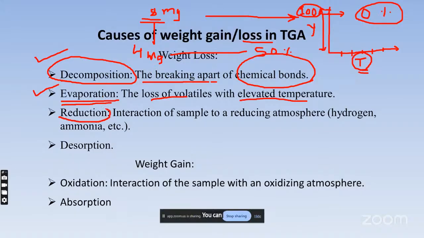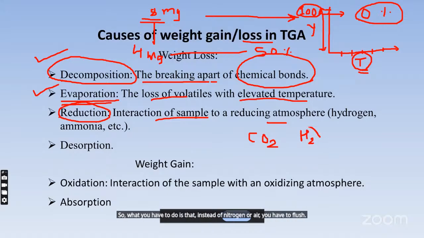You can study reduction processes by using TGA, the interaction of a sample with a reducing atmosphere. For example, if you want to study the reduction of carbon dioxide, instead of nitrogen or air you have to flush hydrogen along with that gas inside the furnace.